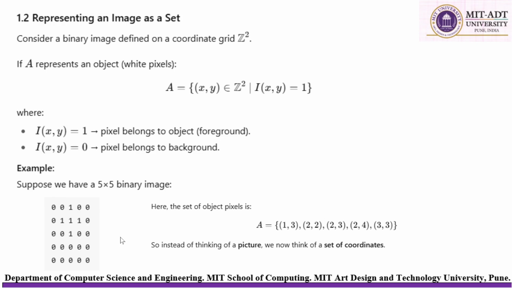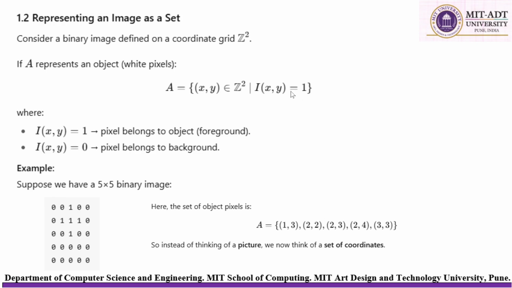Let us consider a 5 by 5 binary image. Here a few pixels have value 0, a few pixels have value 1, and so on. If I denote this image in the form of a set, how am I going to represent it with this set definition? This is my set definition to denote the object of white pixels.